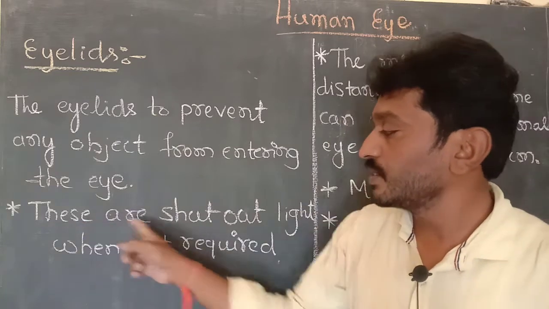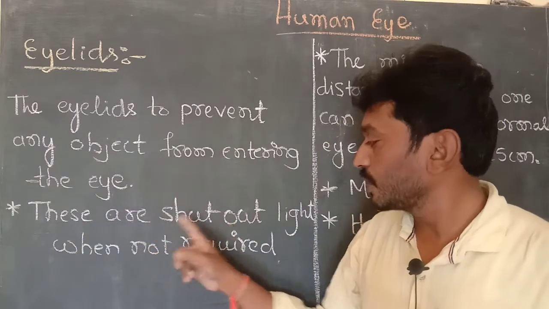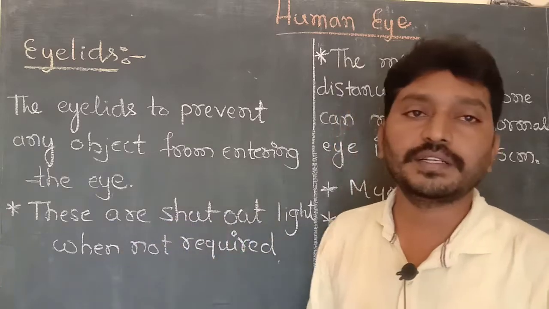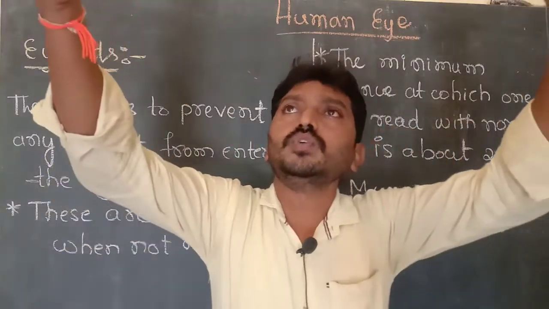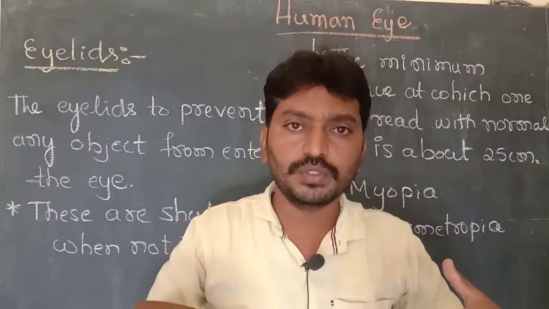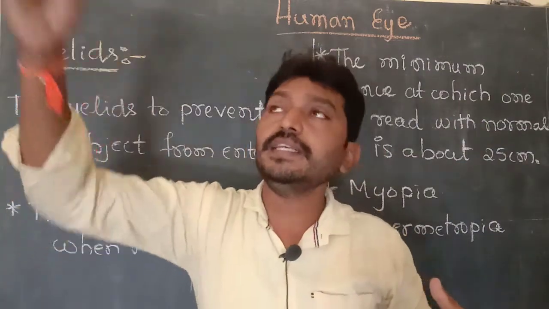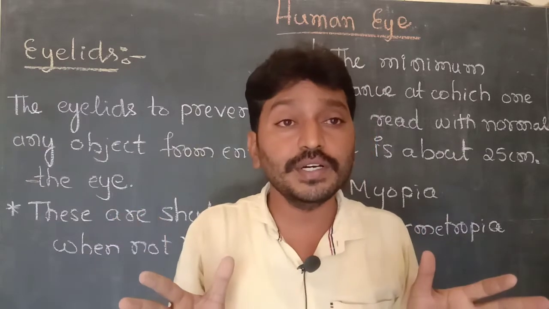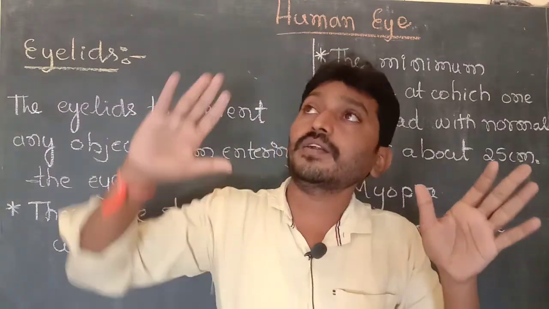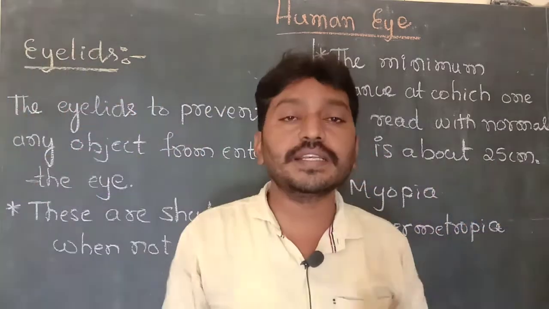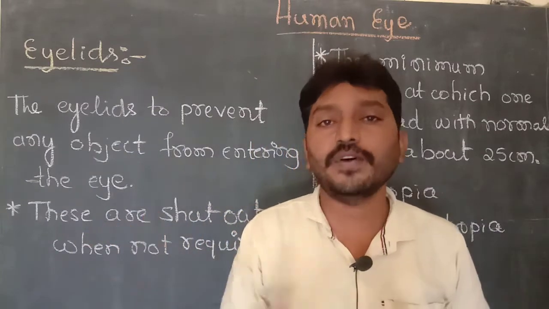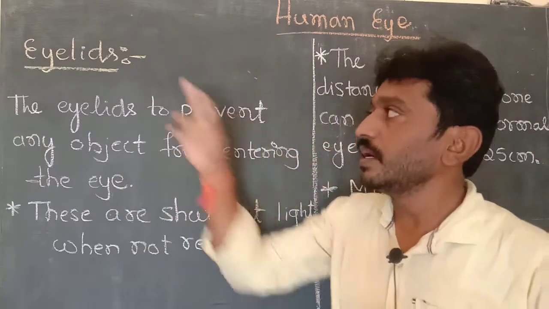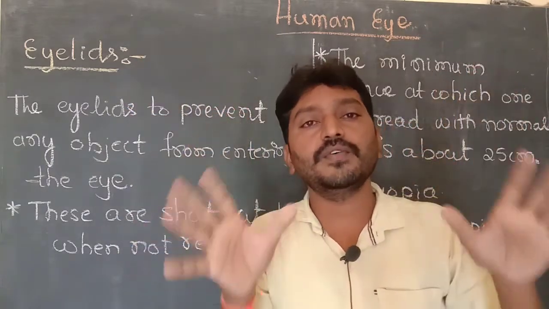And they shut out the light when not required. If the intensity of light is more, or heavy light is falling on our eye, suddenly we close our eyelids. Why? Because that intensity of light is not required for our eyes. At that time we close the eyelids and protect our eyes.